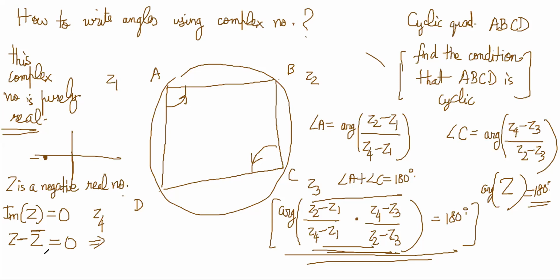Or you can say it better, like Z is equal to Z conjugate, because it is purely real, no? Its reflection will be itself, right? So the same thing you can write in many ways, or you can say the argument is 180, right? Correct. I understood.